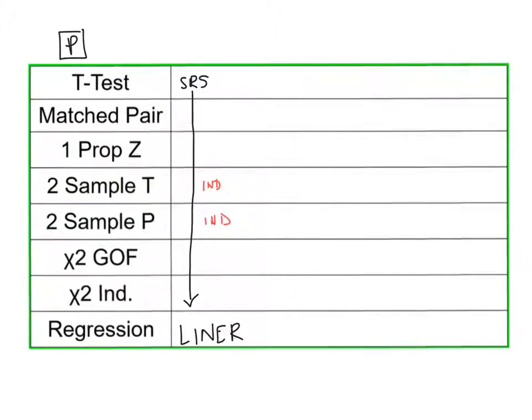Now, all of these require this condition that the sample size is less than or equal to 1/10 the population size. That goes to every one of these, again, down until the regression equation. Now, beyond that, the t-test requires that magic number of 30, right, that our sample size is larger than 30, or in the case of the 2 samples, that both of them are larger than 30.